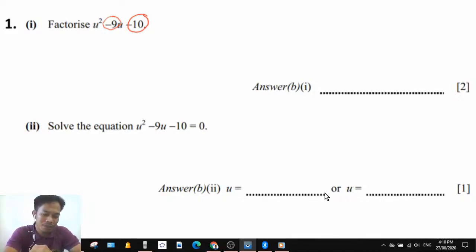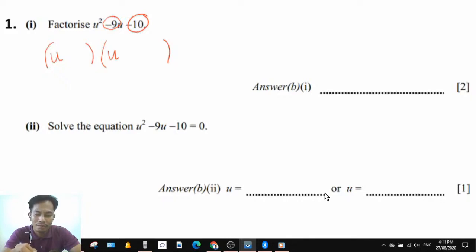I'll put first here u and u. Okay, u and u means u times u is equivalent to u squared. Have a u squared there. Okay, what are the two numbers that I need to multiply? It can be 1 times 10. It can be 2 times 5.